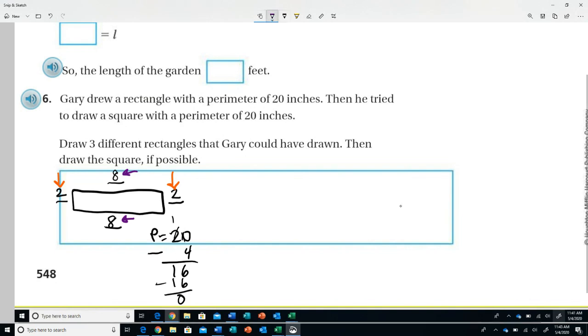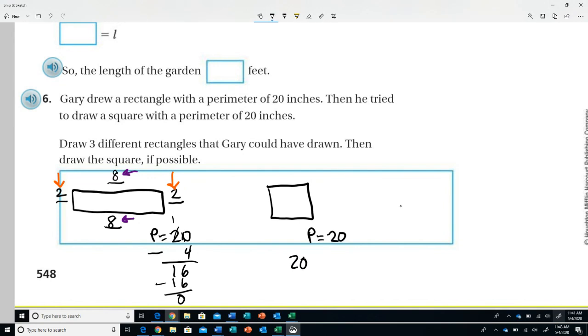Let's try for the square. A square is going to have all sides the same. If my perimeter is 20, I have to ask myself, what number times 4 would equal 20, or possibly 20 divided by 4, as long as that doesn't have a remainder. The good news is they gave us a pretty good number here.